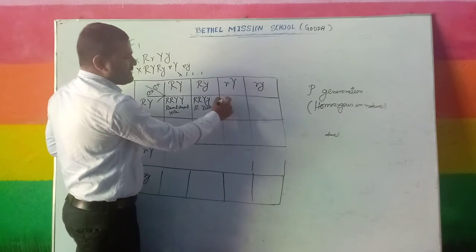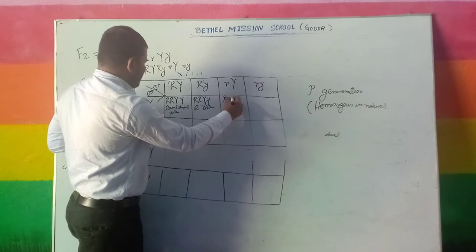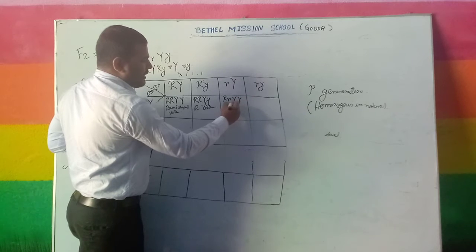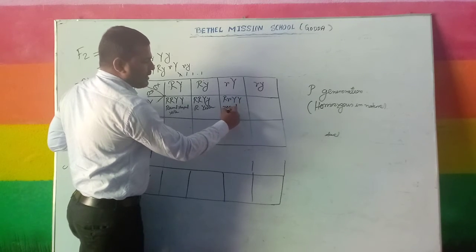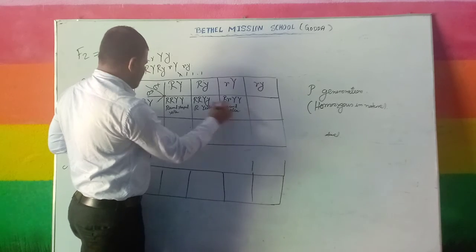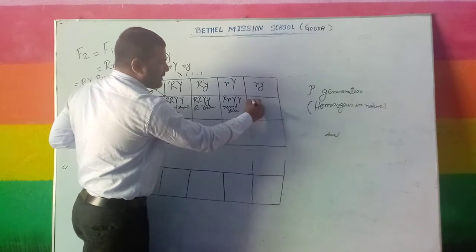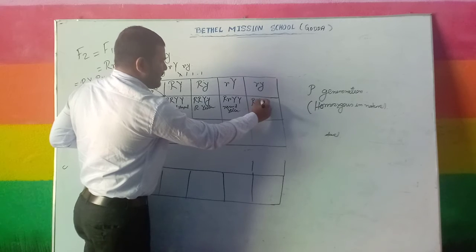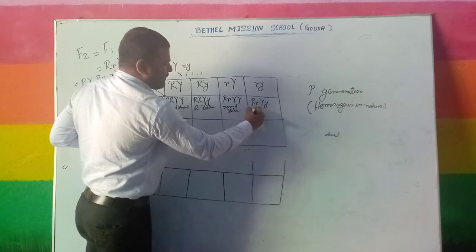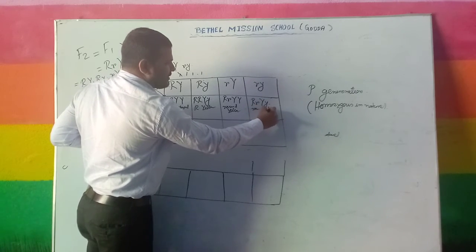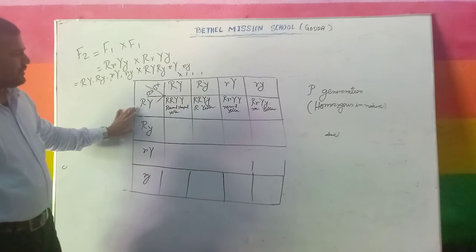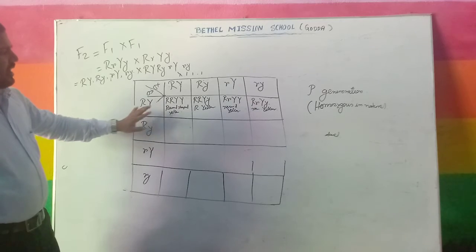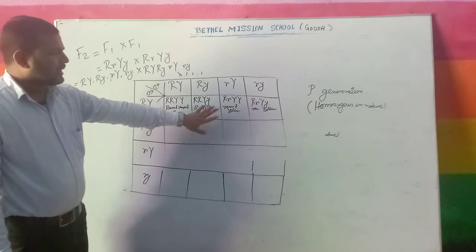These are going to fertilize this one: capital R, small r, capital Y, capital Y. Round shaped, capital Y for the yellow color. These are also going to fertilize this one: capital R, small r, capital Y, small y. Round shaped yellow color. The first 4 plants are producing the round shaped yellow colored seed.